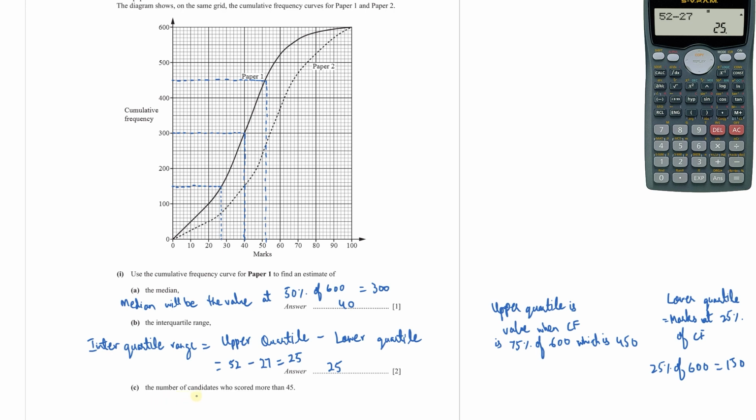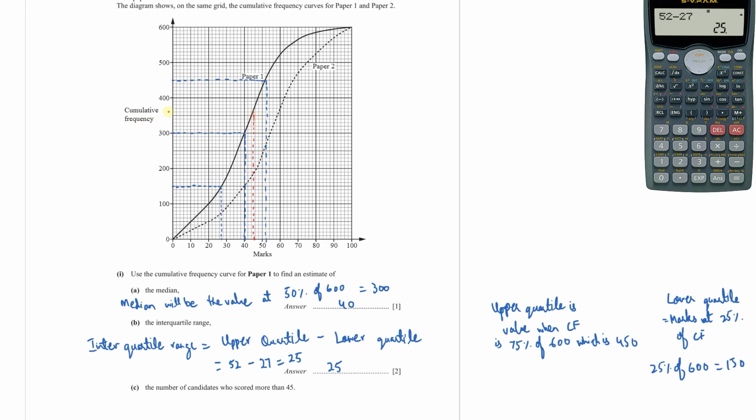Part C is the number of candidates who scored more than 45. So scoring more than 45 means 45 is where? 42, 44. So this is 45 in the middle of this small block, and we will see where the cumulative frequency curve intersects this x value of 45.